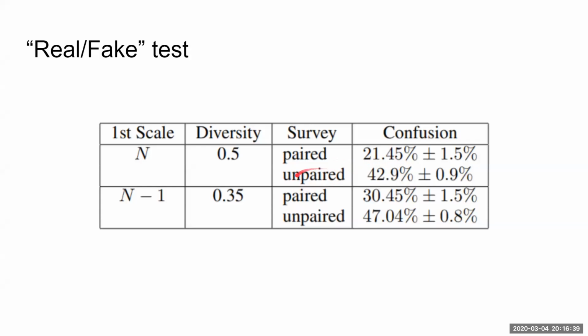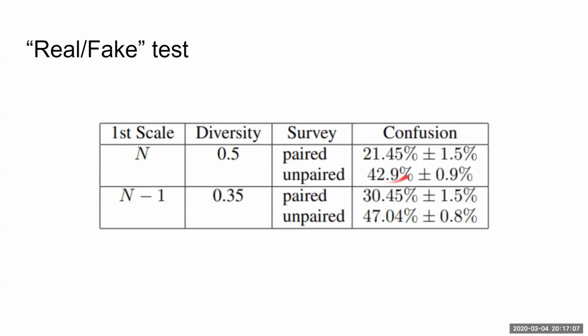And in unpaired, what they did was they showed only one image. It could be either a fake or real image, and a person has to just guess whether the image is real or fake. So in that case, you can see there is high confusion, which means that the results generated from the SinGAN architecture were much more convincing.